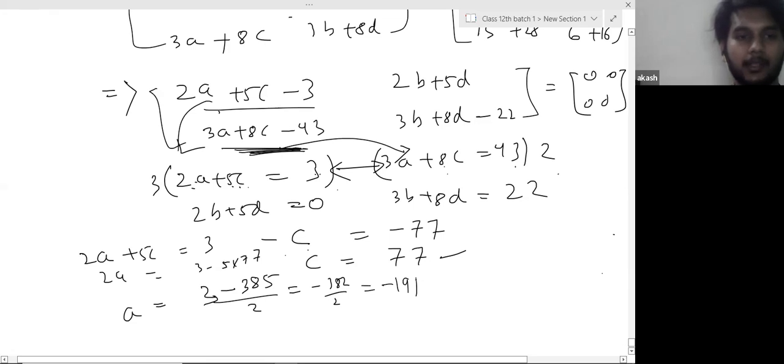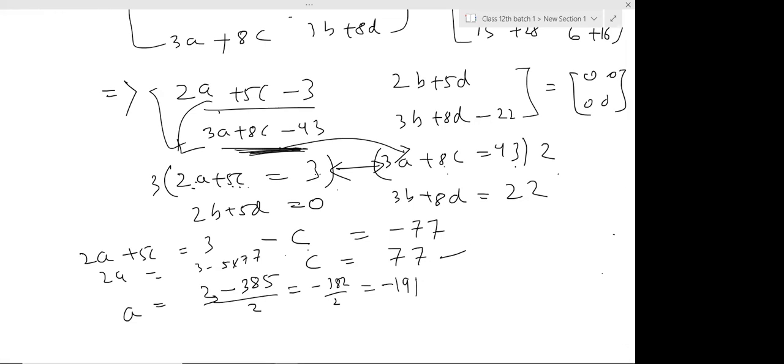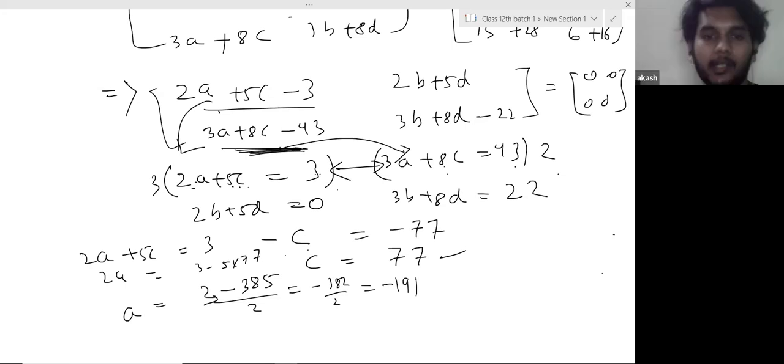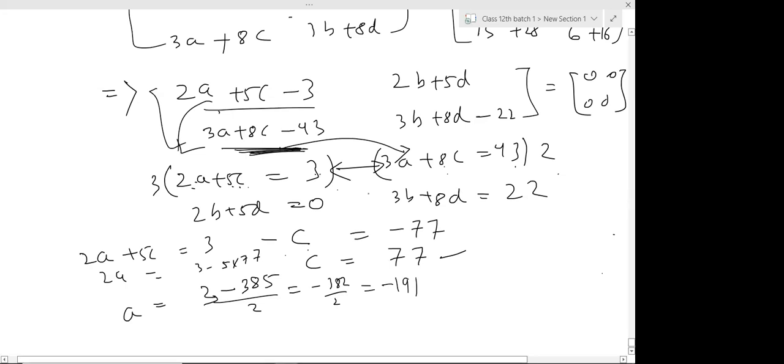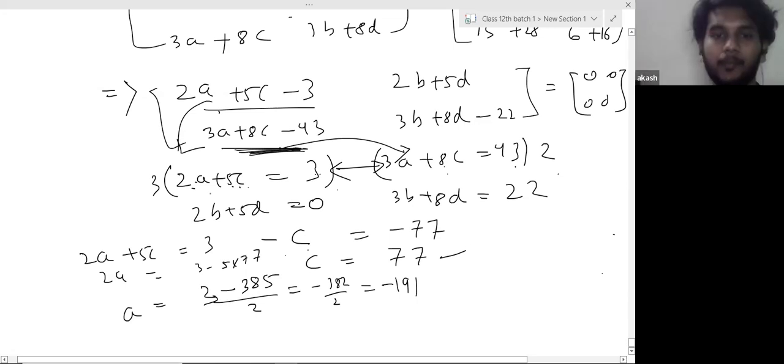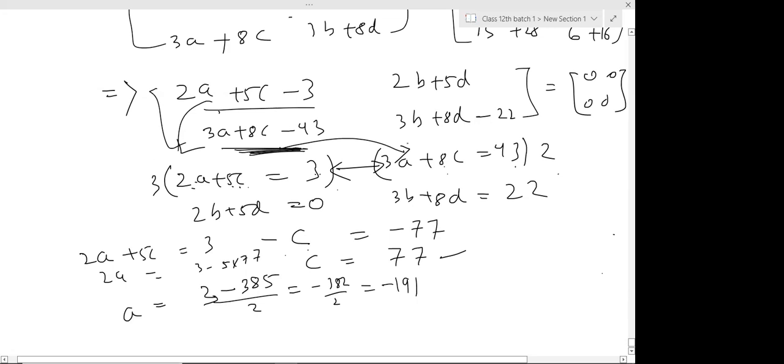Hamza, Shikani, Krishna? Sir, I did not understand. Shikani, you are not getting any of this? No, I don't understand the last part. Last part, all right. Till here, is this clear? Yes.